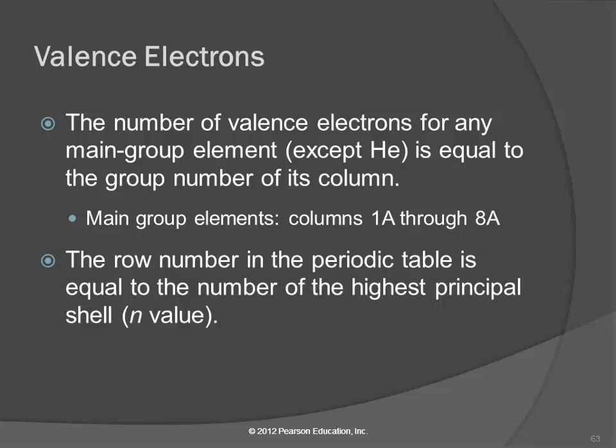Mm-hmm. Okay. And the row number in the periodic table is equal to the number of the highest principal shell. That's the n value. We've talked about how these orbitals are designated by the principal shell number, n equals 1, 2, 3, 4, etc., and by a letter, S, P, D, or F.